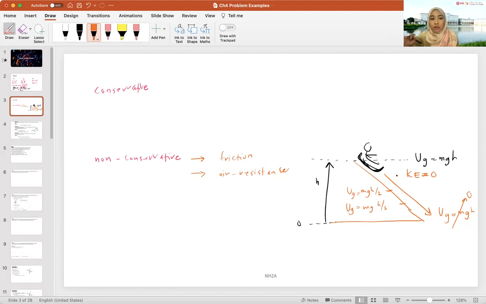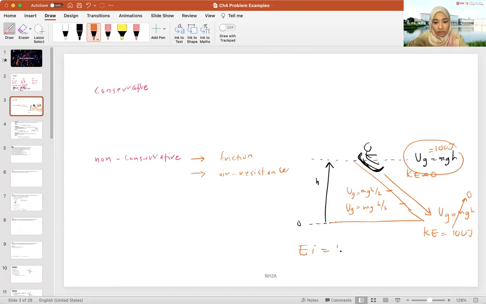So this is what happens when we are talking about conservative forces: the energy from UG is completely transformed into kinetic energy. So if I say Iqbal had UG of 100 joules, at the bottom here the KE that Iqbal has is also 100 joules, because I am assuming that we are not losing to friction or anything else. So it has complete transformation.